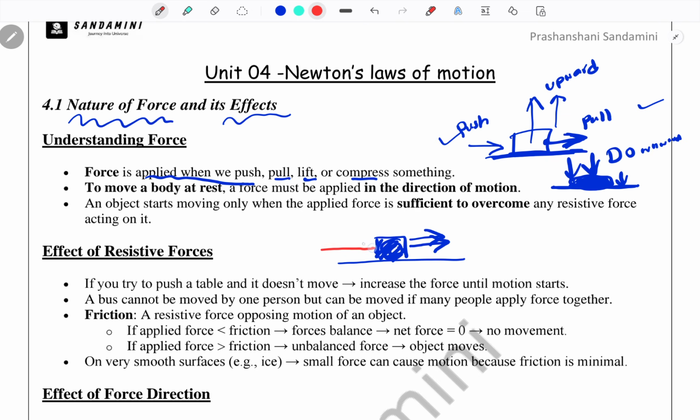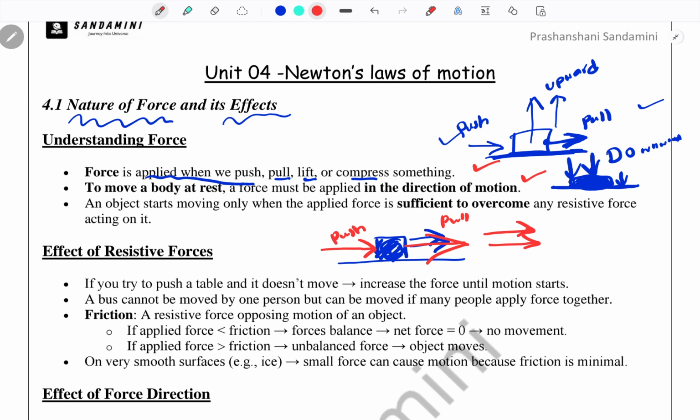Then you apply the push here. But if you are pulling it, it is also done in the same direction. So whether it is a push or a pull or whatever type of force you use, you have to give it in the direction that you want to move. If I want to move in this direction, then I must give the force in that same direction. That is what this statement says.